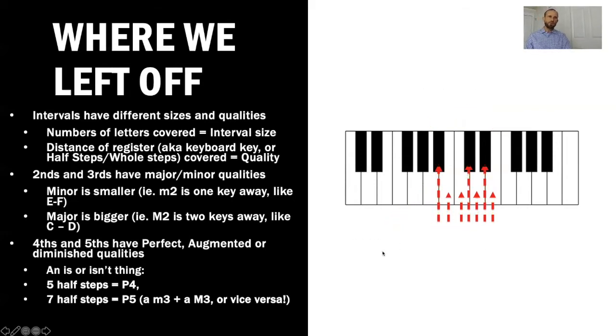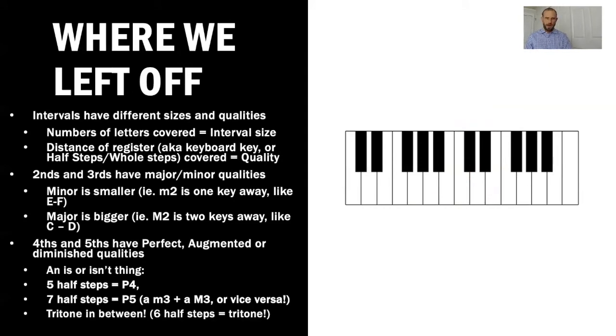Now, in between, we have a tritone, and that is 6 half steps away, or 3 whole steps, right? And here we see you're starting on B: B, C, D, E, F is a diminished fifth. That is a tritone. What's interesting is that a tritone is the same distance, not the same interval, but the same distance away, 6 keys, if you switched it to an augmented fourth.